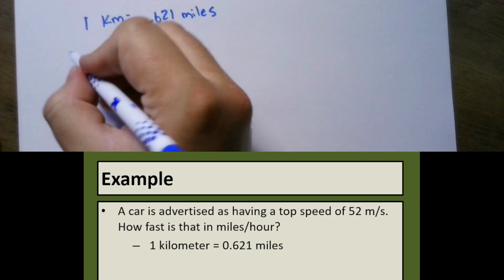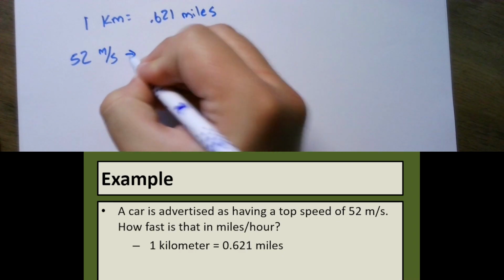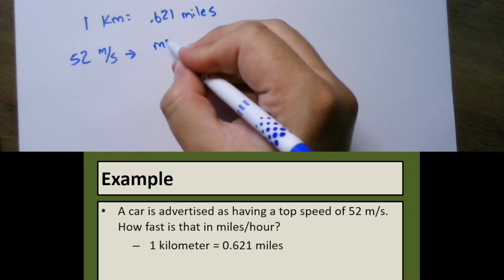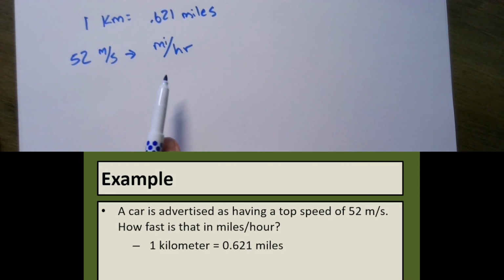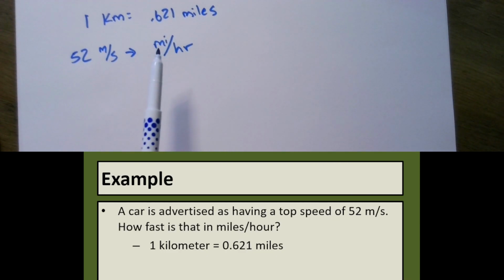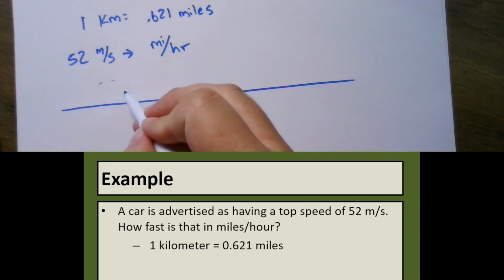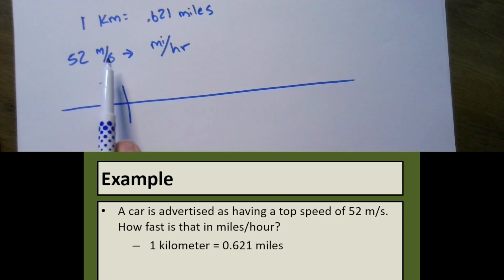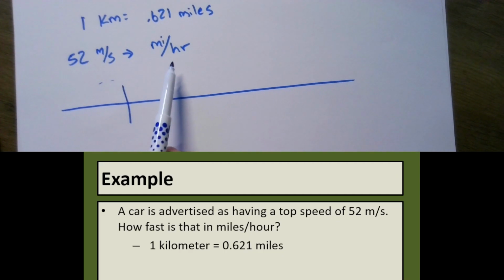Okay, I am starting with 52 meters per second, and let's go to miles per hour. I'm going to use MI for mile, not just M, because M is meters, and that'd be confusing, right? Okay, so I'm going to need a train track. I have to think about converting my numerator, my meters to miles, and my seconds into hours.